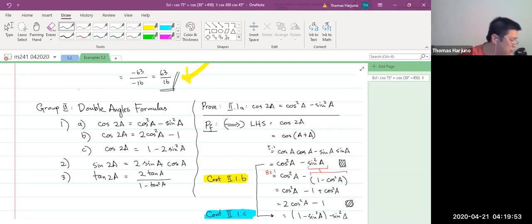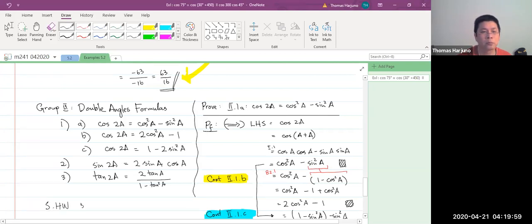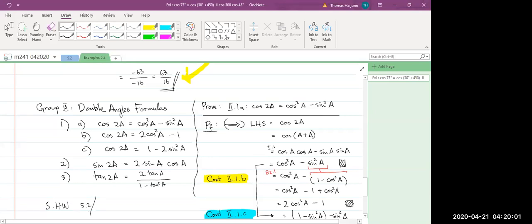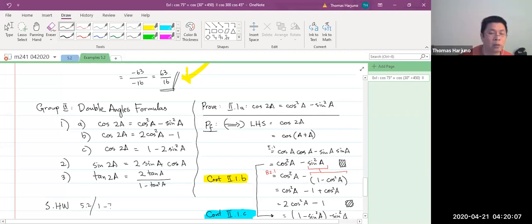Oh, hold on. Suggested homework, my bad. 5.2, suggested homework: number 1 to number 7, that's necessary. And then number 15 to 37.